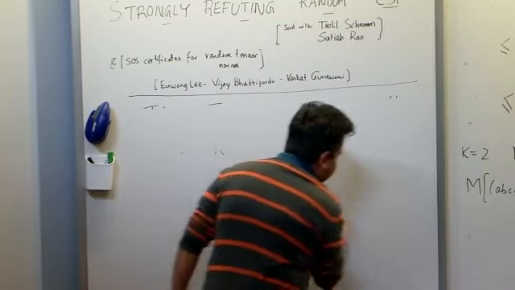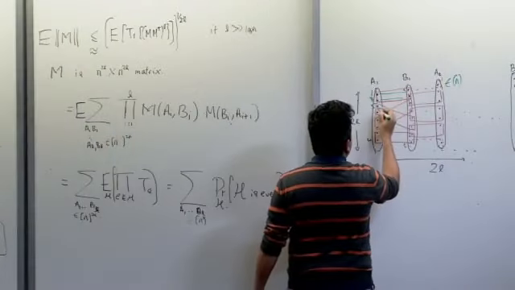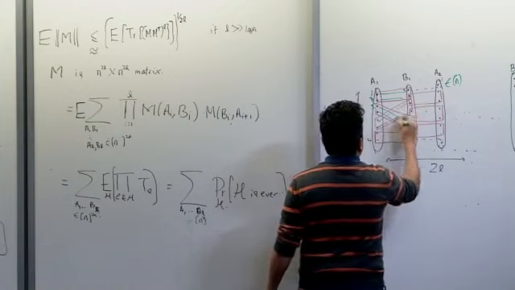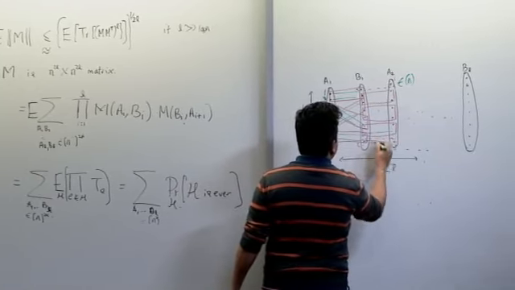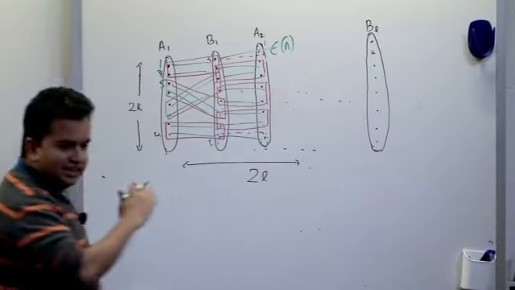The idea is just that when you sample these hyperedges, let's not do it all at once. This seems a complicated process. Let's first sample a matching between these parts. Let's just first sample edges between them before we sample hyperedges. These green edges.